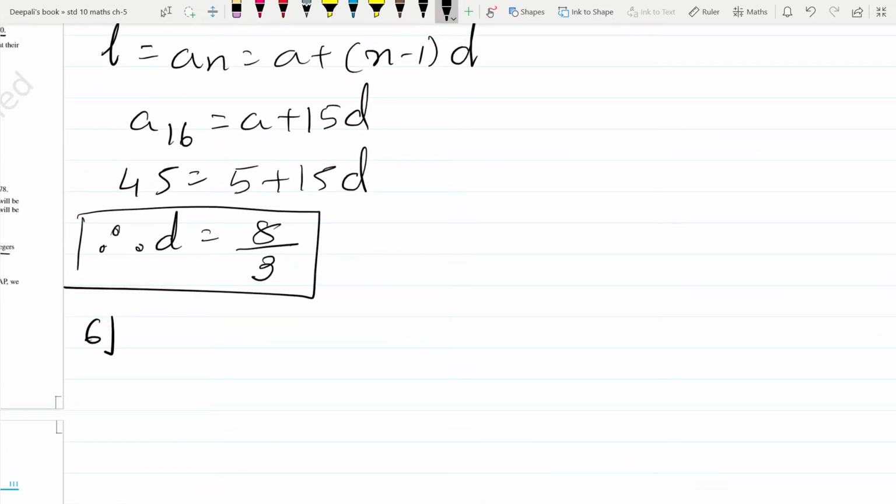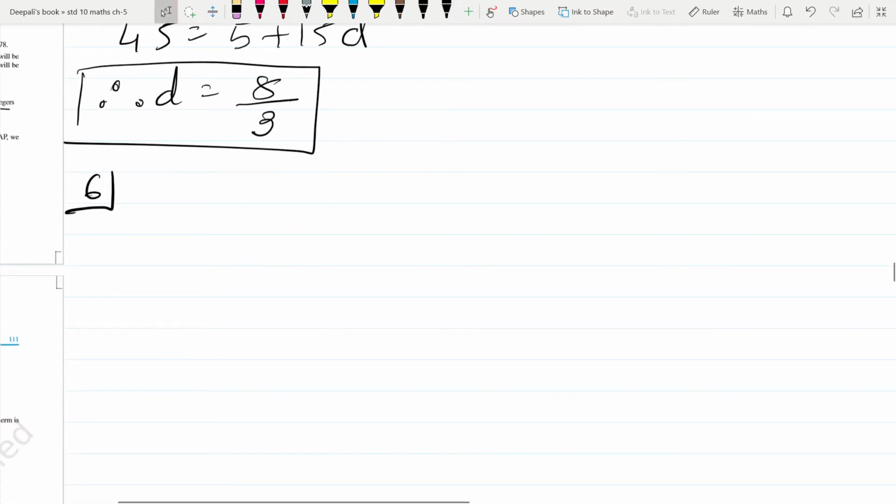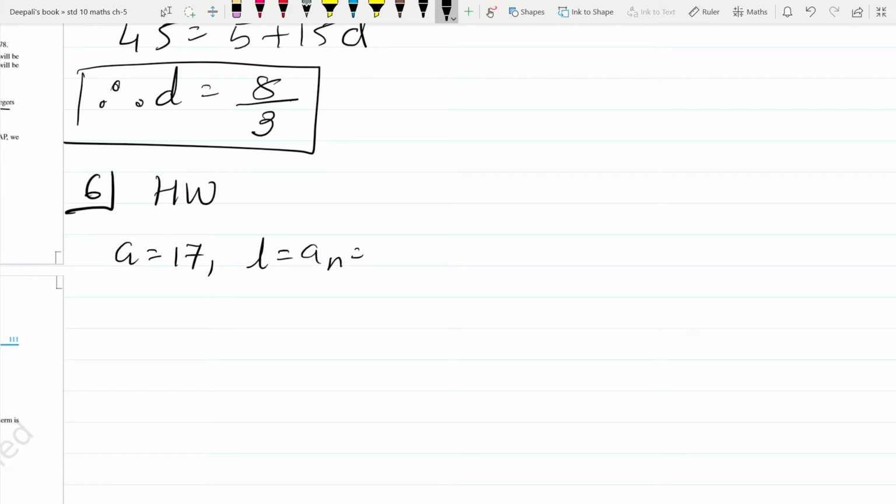Sum number 6. The first and the last term of the AP are 17 and 350 respectively. If the common difference is 9, how many terms are there and what is their sum? This is similar to the above sum and it will be your homework. We know that A is 17 here, L is equal to 350 and D is equal to 9.